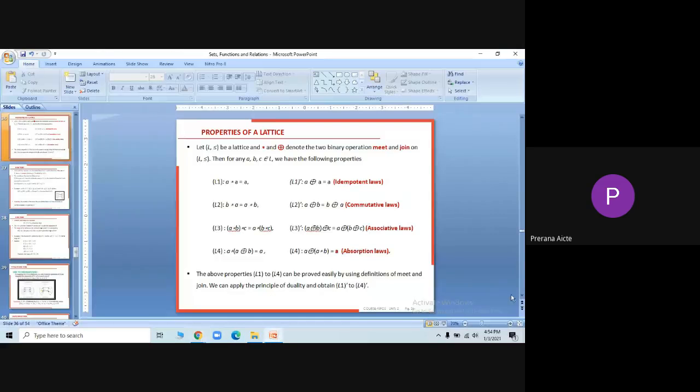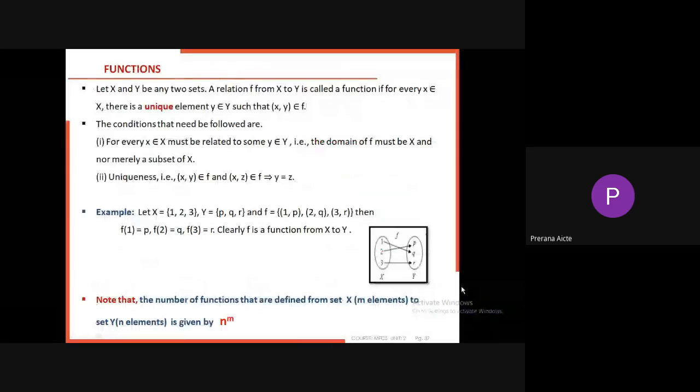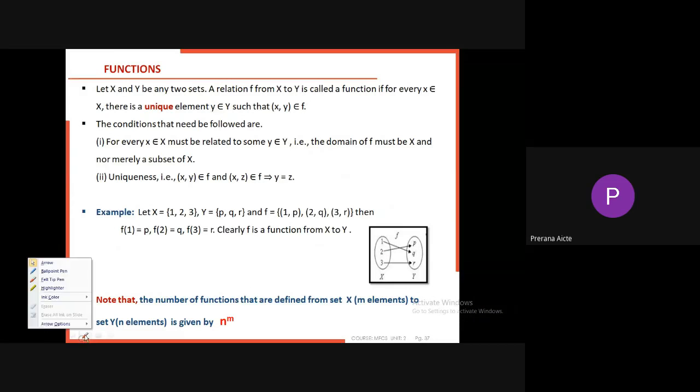And coming to the last topic for today, that is functions. Very important one. Let us see what actually this particular function is. Let us assume that there are two sets, X and Y, and we are going to define a relation from X to Y. The relation is defined in such a way that for every x belonging to X, there is a unique element y such that (x, y) is an ordered pair in the relation.